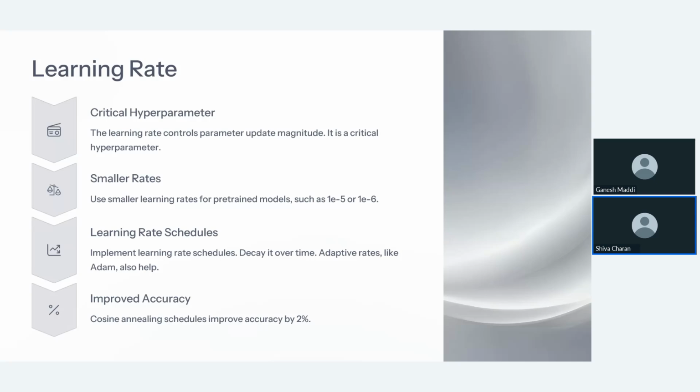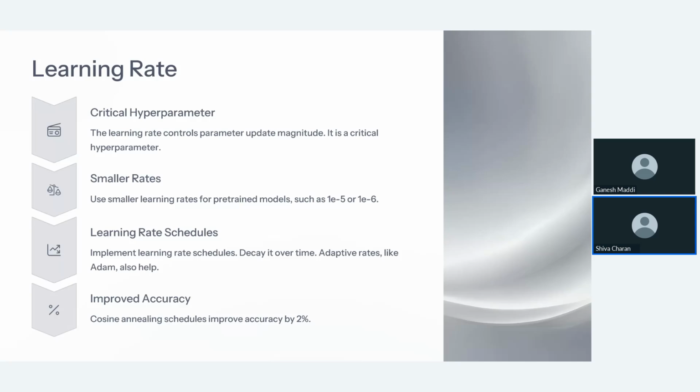In the learning rate, we have critical hyperparameters, smaller rates, learning rate schedules, and improved accuracy. As it says, the learning rate controls the parameter update, and it is a crucial hyperparameter because, based on the learning rate, the model will learn the data. What are the smaller rates?